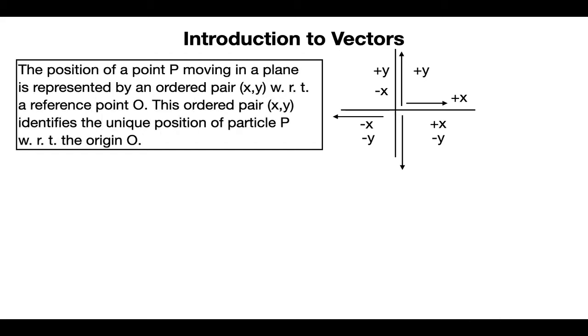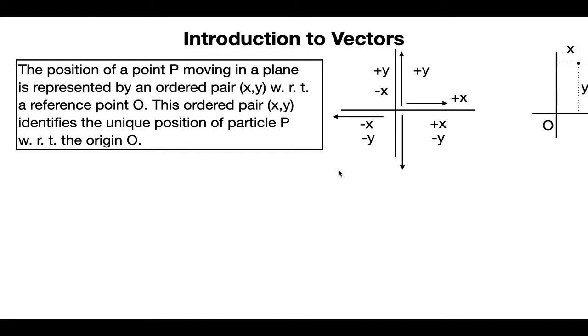Now we have a particle P or point P which is moving in a plane. The position of a particle P can be described by a unique ordered pair (x, y) with respect to reference point O. This ordered pair, as said earlier, defines the unique position.